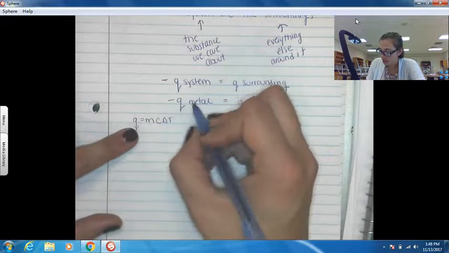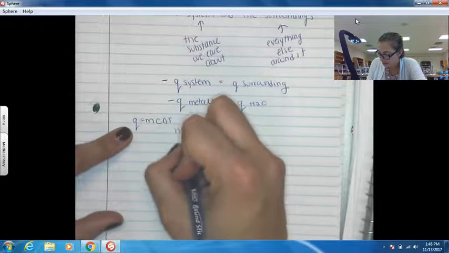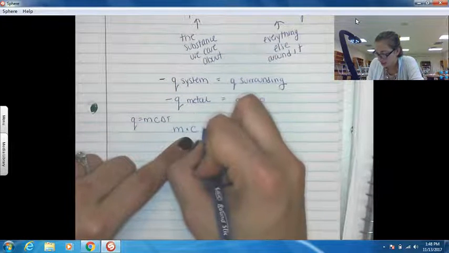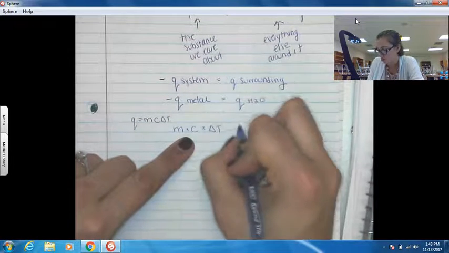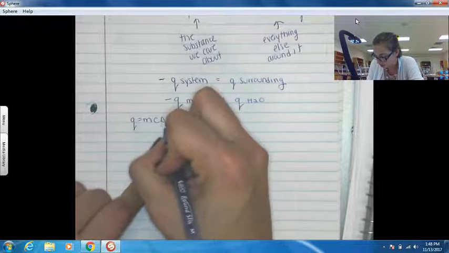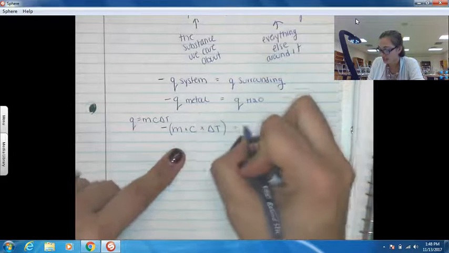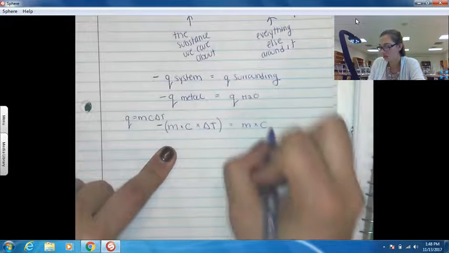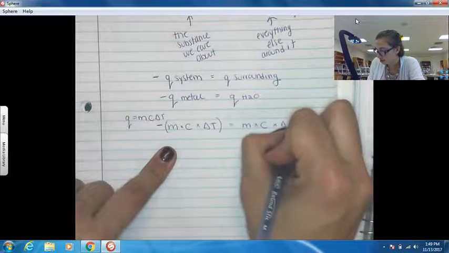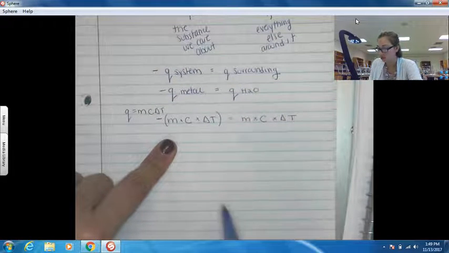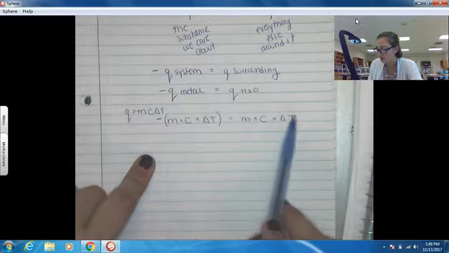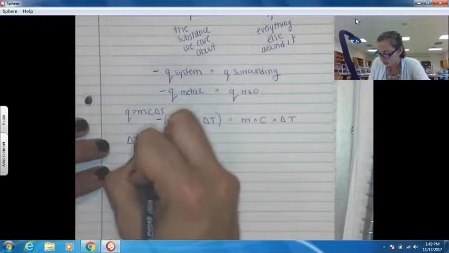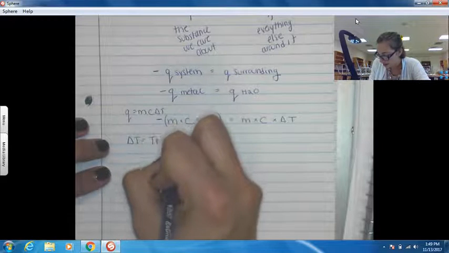So this means that the mass of the metal times the specific heat of the metal times the change in temperature of the metal, that's all negative because we're losing that, is equal to the mass of the water times the specific heat of the water times the change in temperature of the water. So theoretically, we can solve for any of these variables. And let's remember that ΔT is equal to the final temperature minus the initial temperature.